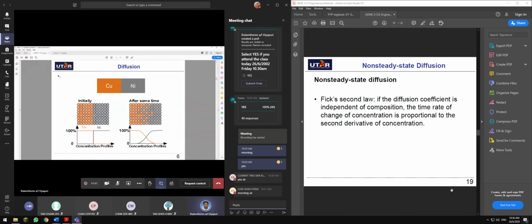All right, you can look at this figure over here, which depicts the ideology behind diffusion. And if you could recall the example that I told you, mosquito bite in a room. So that is how diffusion works. Initially, you have a concentration of copper here and you have a concentration of nickel here. After some time, both mix together in a randomly arranged manner. Okay, you can't predict diffusion.